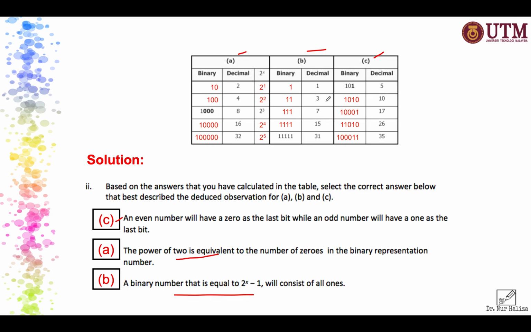So with this table you need to understand the correlation between binary and decimal. If you understand the basics, you can straightaway know the point of this ABC table.